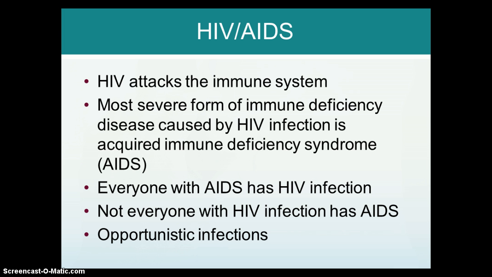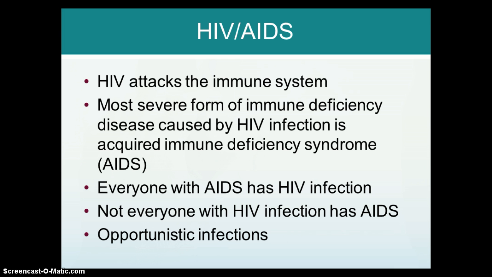HIV/AIDS attack the immune system. The most severe form of immune deficiency disease caused by HIV infection is acquired immune deficiency syndrome. And before I go on, just to explain that, HIV is the virus that causes AIDS. AIDS is measured by how many CD4 helper T cells you have; CD4 and helper T cells are the same.